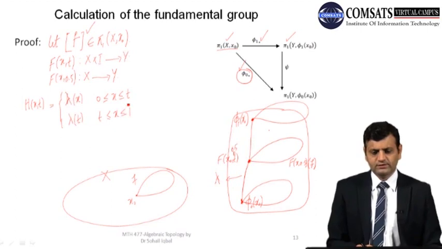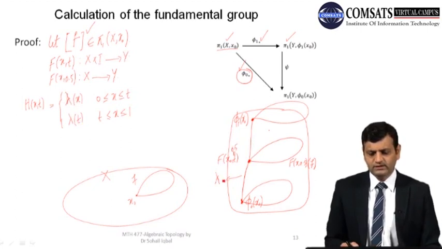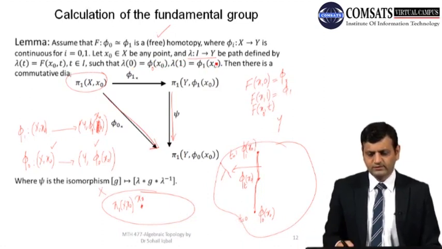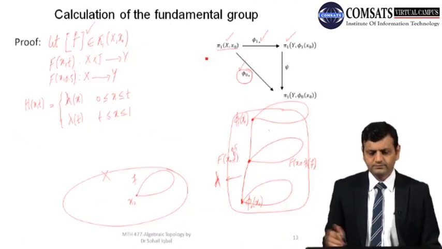So in other words, when t is equal to 0, then this is just the point lambda of 0. We have seen that there is this path lambda. This path is defined such that lambda of 0 is the initial point phi naught of x naught, and lambda of 1 is phi 1 of x naught. So we are talking about the path starting from this point to this point.